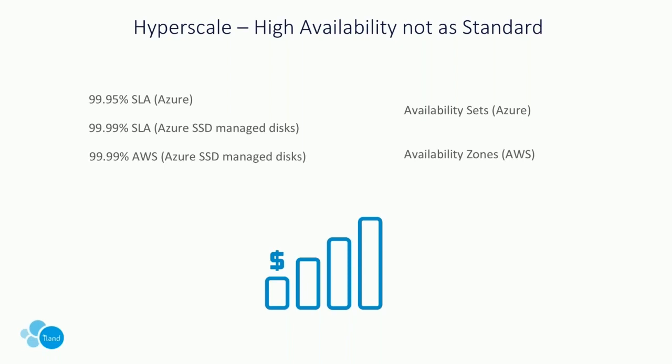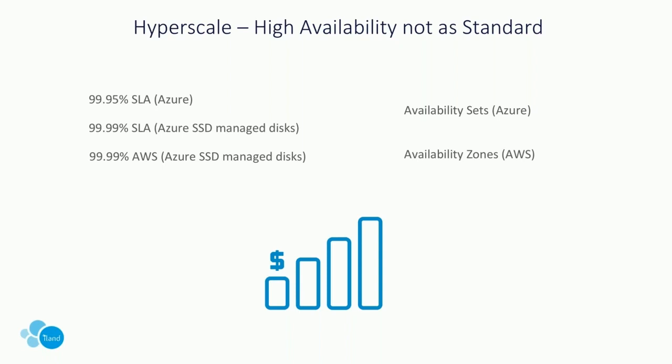But even if you are looking at that, you are looking at a number of minutes of downtime per month, with the 99.95% being 22 minutes of downtime per month. It's very similar with AWS with their SLA, although they do have a slightly higher SLA.